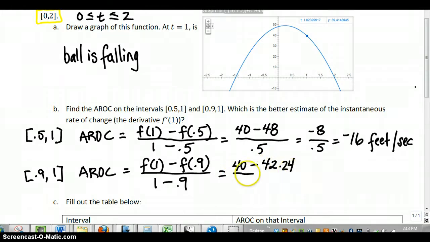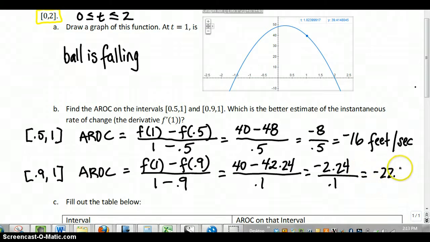And no, I did not calculate that in my head that fast. I had already done it before I started this screencast. And here we're dividing by 0.1 seconds. So altogether it's still a fall, negative 2.24 feet over 0.1 seconds, or negative 22.4, and the units are the same, feet per second. That's how fast it was dropping on average during that interval.